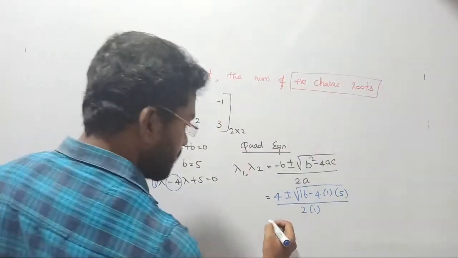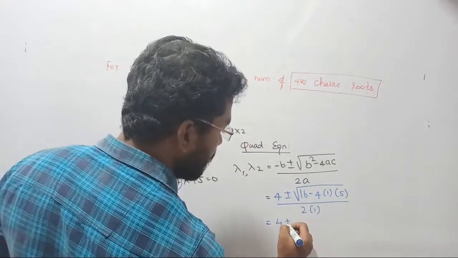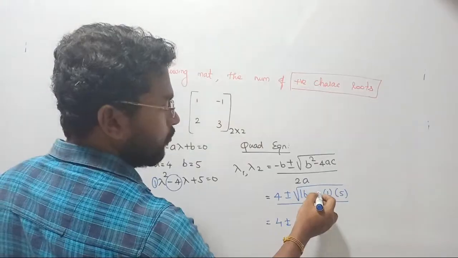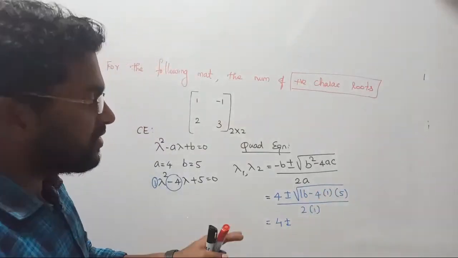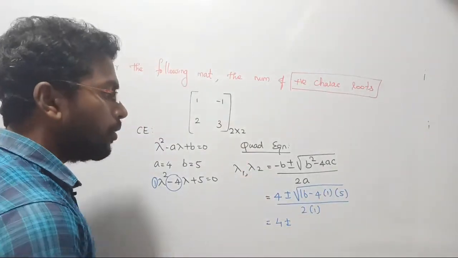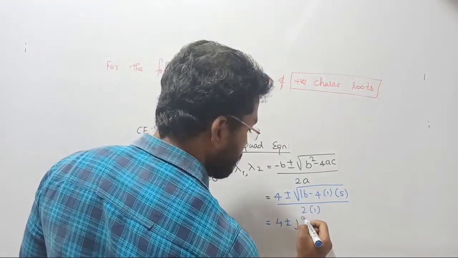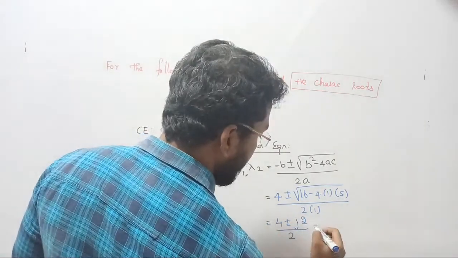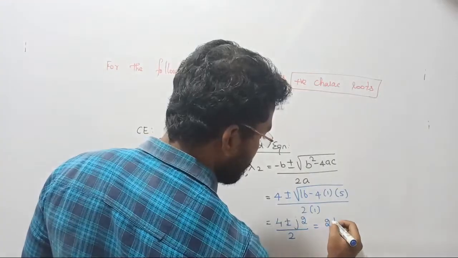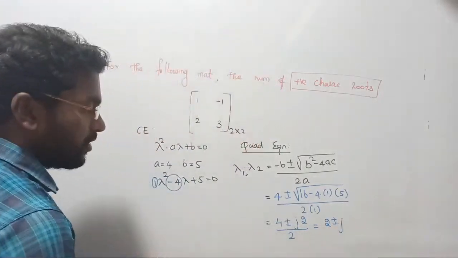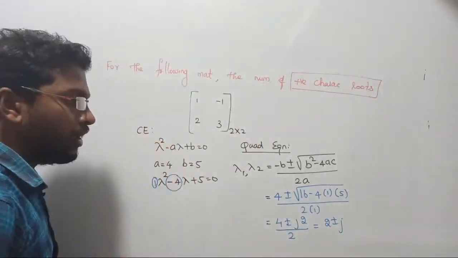Reducing, 4 plus or minus under root of 16 minus 20, which is minus 4, so j times 2 upon 2. It is 2 plus or minus j. Yes, that is the value of lambda 1 and lambda 2.